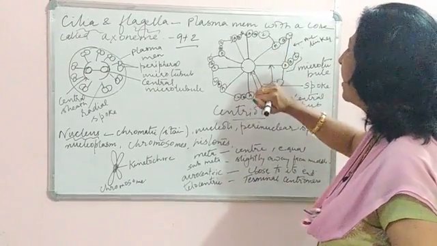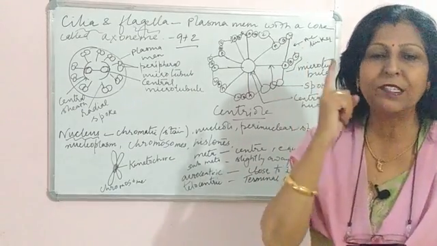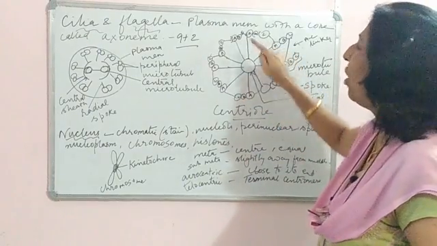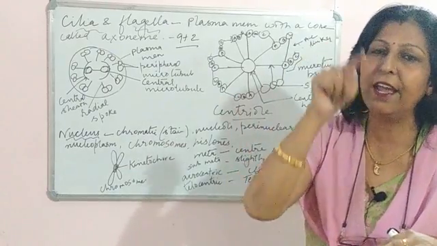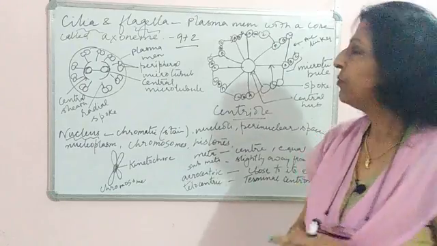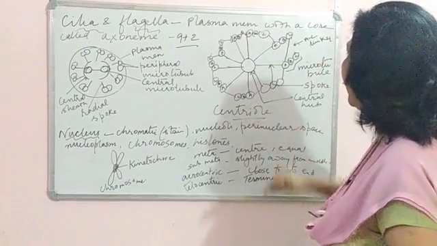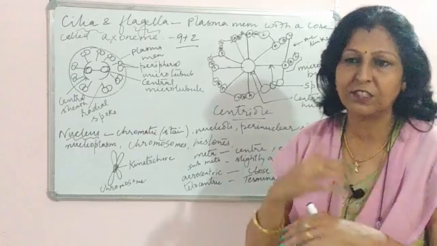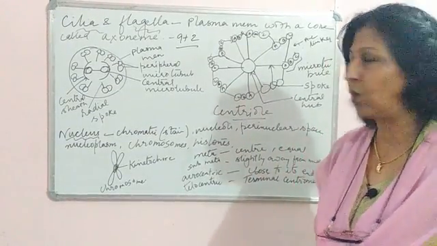If we mention them as A, B, C, then of the triplets, A is attached to the central hub, and C of one triplet is attached with A of the next. So C A, A C. That is how they are attached, and that is how it works, just like a cycle wheel or a cart wheel.